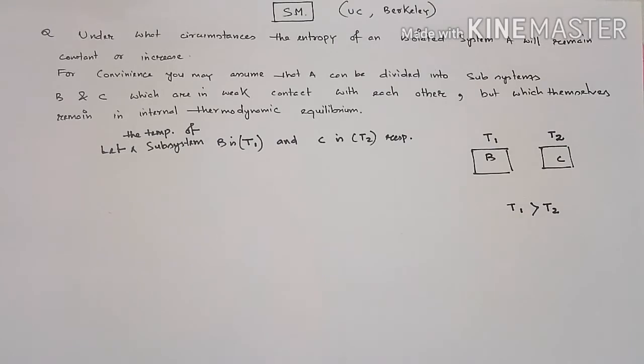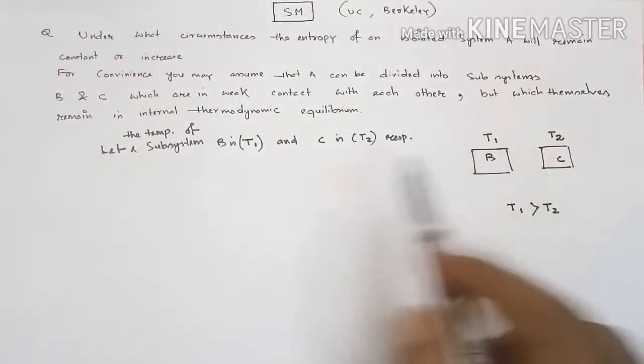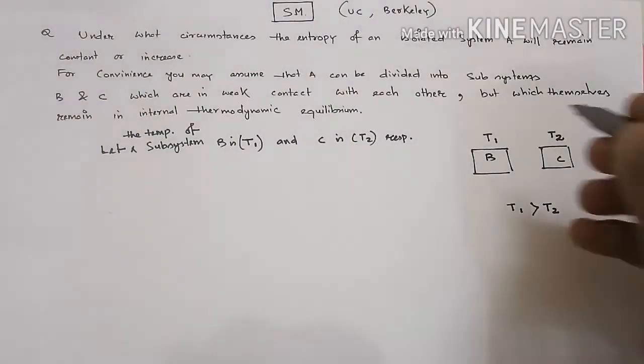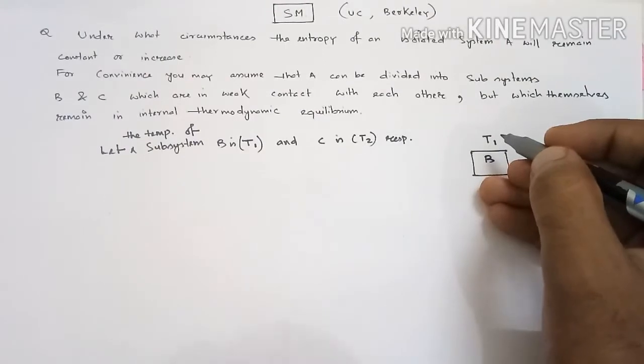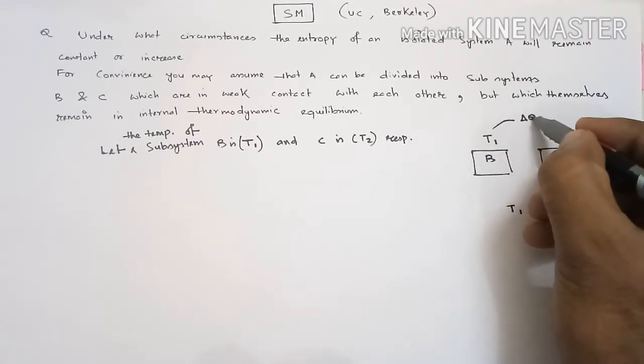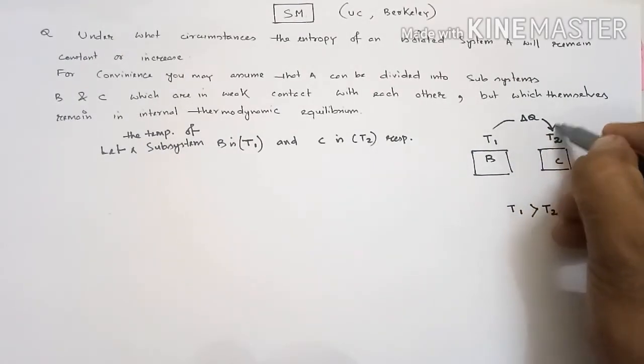Then there will be some change in energy. So let the change in energy be delta Q, which is transferring from subsystem B to subsystem C.